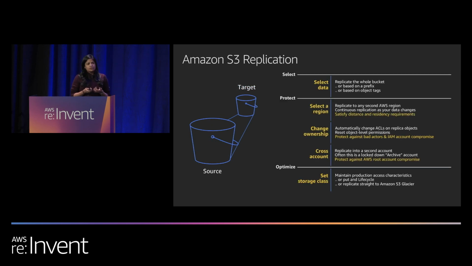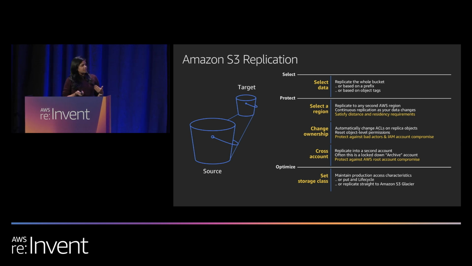S3 replication gives you the choice to replicate all the objects in your bucket, or you can choose a set of objects that are under a given prefix, or a set of objects that are identified by a tag of your choice. A best practice is to use this object-level granularity to save costs by replicating only what you need to replicate.